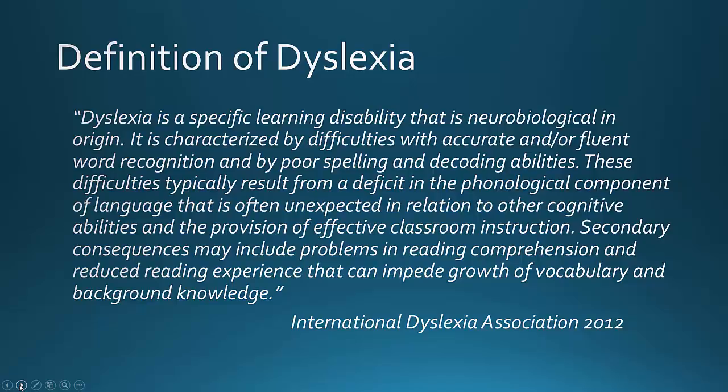These difficulties typically result from a deficit in the phonological component of language that is often unexpected in relation to other cognitive abilities and the provision of effective classroom instruction. Secondary consequences may include problems in reading comprehension and reduced reading experience that can impede growth of vocabulary and background knowledge.